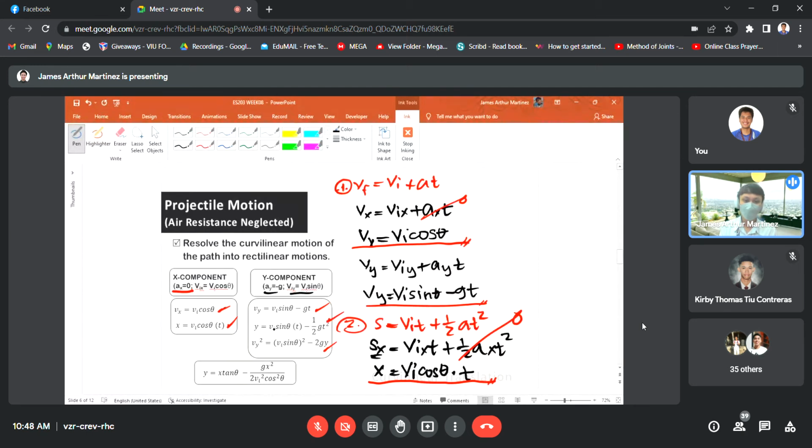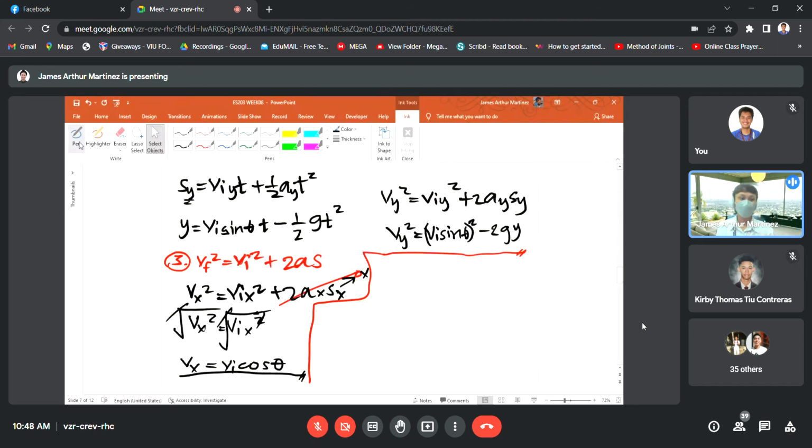You have to remember that your vi here should be equal to the vi in the y component, the same value, or the same magnitude, because we only obtained them as the x and y components of the initial velocity. So they should be equal. That is one of our legal bases.